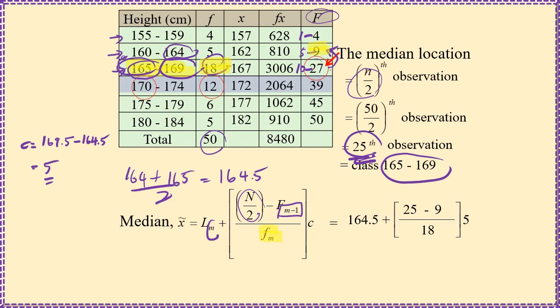And then what we need to do? You just have to use your calculator lah. So 25 minus 9 is equal to 14. 14 over 18 multiplied by 5, and then add up with 164.5. So we have the answer 168.94 centimeter. So this is the median.